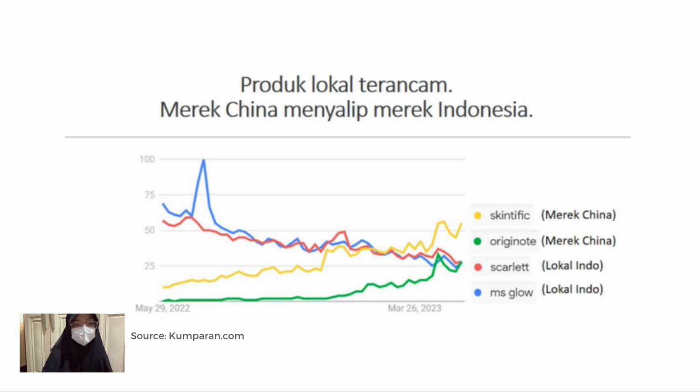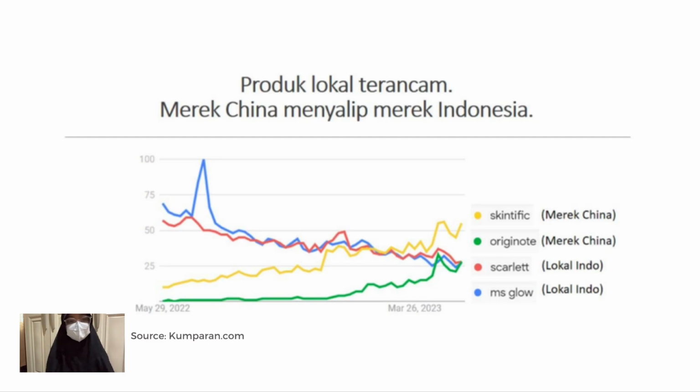The four brands included in the analysis are, first, Skintific, a Chinese brand represented by the yellow line. Second is The Original, also a Chinese brand, represented by the green line. Next, Scarlett, a local brand represented by the red line. And the last is MS Glow, also a local brand, represented by the blue line.